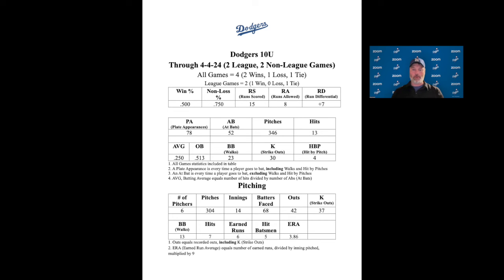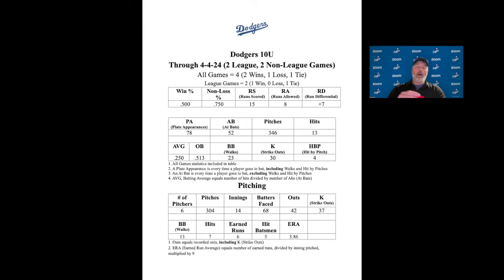Every single time that we've gotten up. An at bat is whenever we get up to bat, excluding when we walk or when we get hit by a pitch. So a team's plate appearances are almost always going to be higher than its at bats. You can see we have 78 plate appearances and 52 at bats.